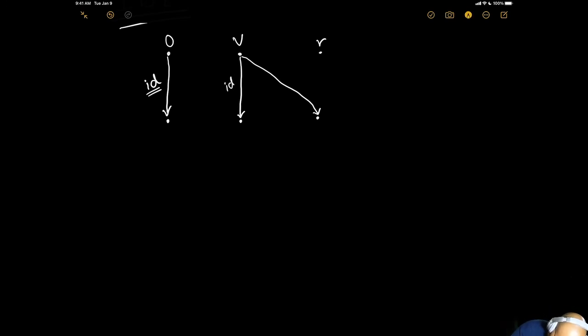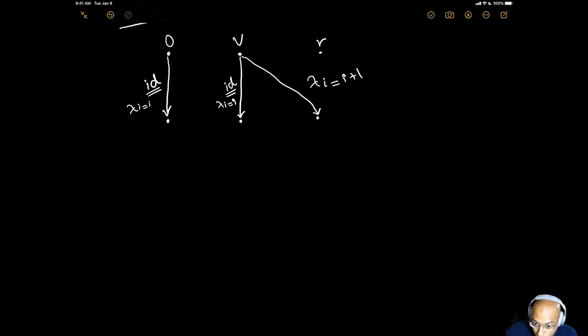And this here is the function, or lambda, that given an I will just return I plus 1. So I'm going to use the identity function for both this edge and this edge, but for that edge I'm going to annotate it with the function lambda I equals I plus 1. Increment the input I with I plus 1.